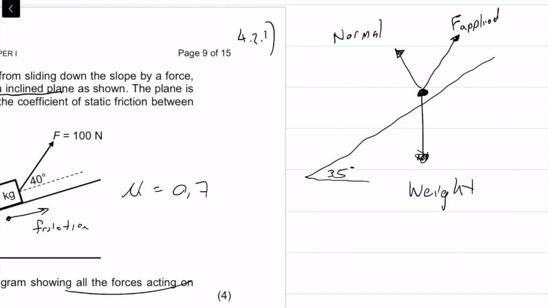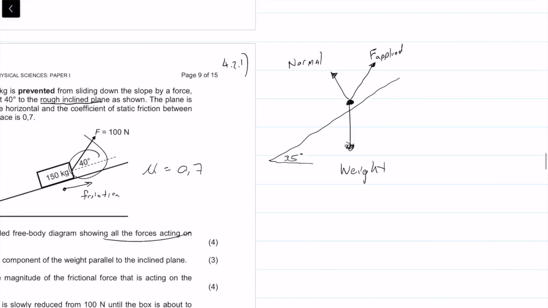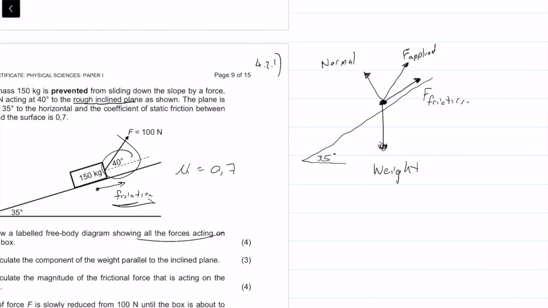I'm just going to keep that in my head by circling that. I'm not going to put it in the diagram. And then we're also given that there's friction, and friction acts parallel to this surface. So we have force friction. That's our labeled free body diagram, which we get 4 marks for.